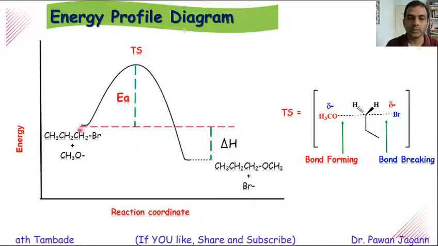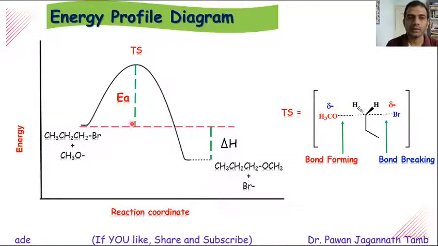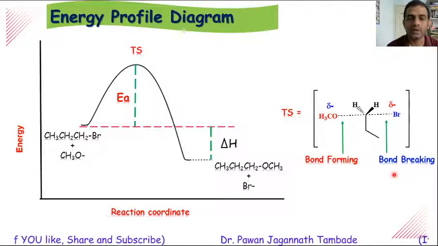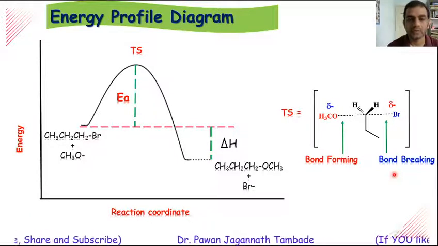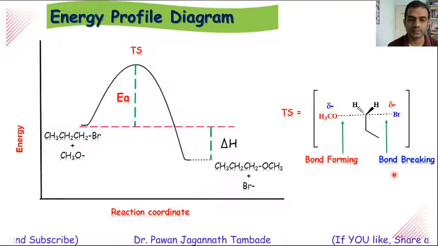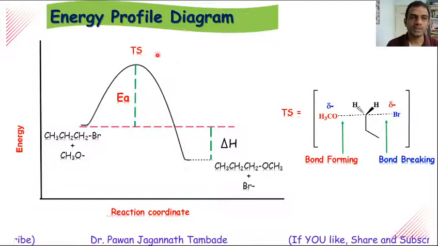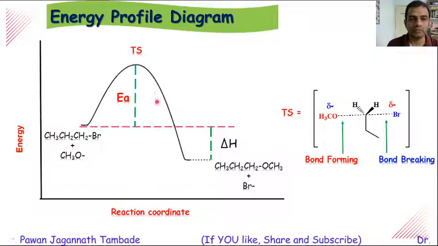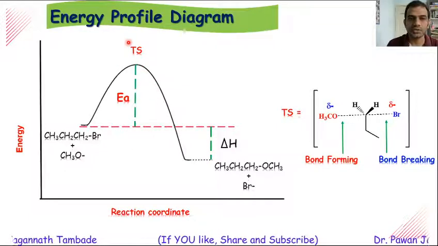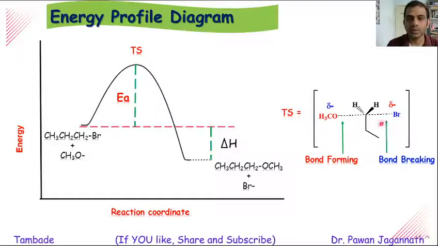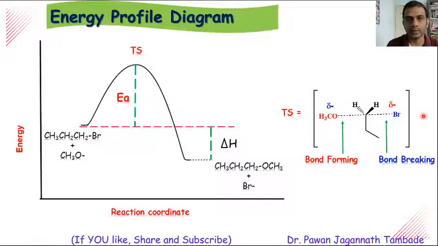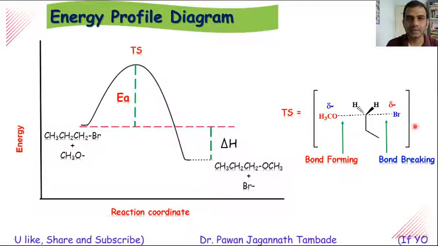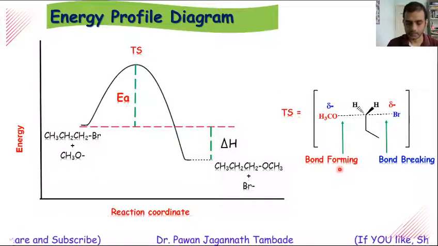So depending upon substrate and product, the SN2 reaction may proceed through endothermic way or exothermic way. That depends upon starting materials. So in short, this is the energy profile diagram for SN2 reaction. In SN2 reaction, we will have only one transition state where the breaking of bond between carbon and leaving group and formation of bond between carbon and nucleophile occur at the same time.